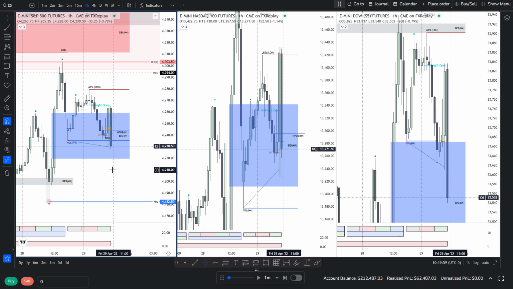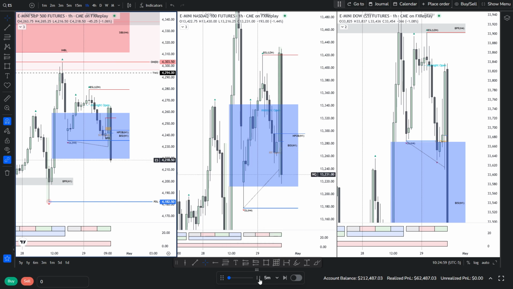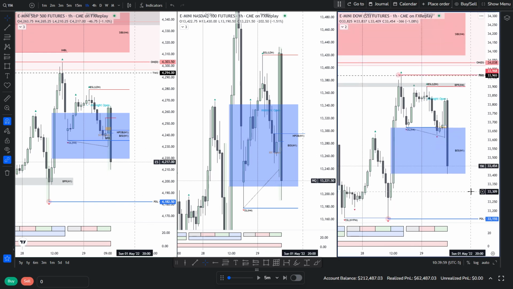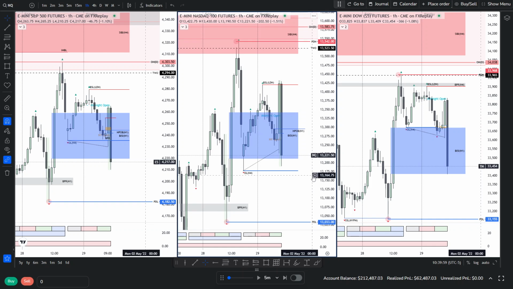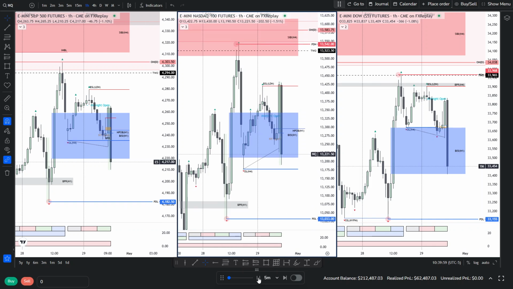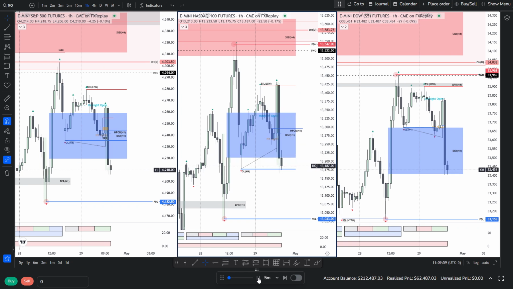Yeah, I don't even know how to describe that. I'm just going to speed this up. Let's just see how price continues, whether it trades down to the previous day's low and forms a different type of setup, but it's absolutely incredible, the price action.